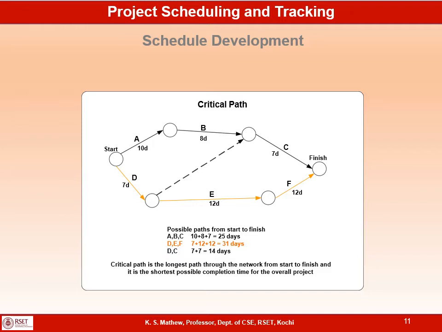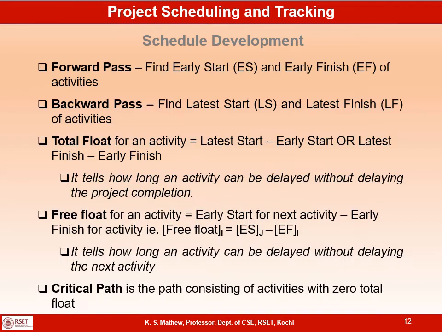So how do we go about identifying the critical path? There is a structured way to identify the critical path, which is called network analysis. In the network analysis, there are 2 phases. One is called forward pass, and the second phase is called backward pass.